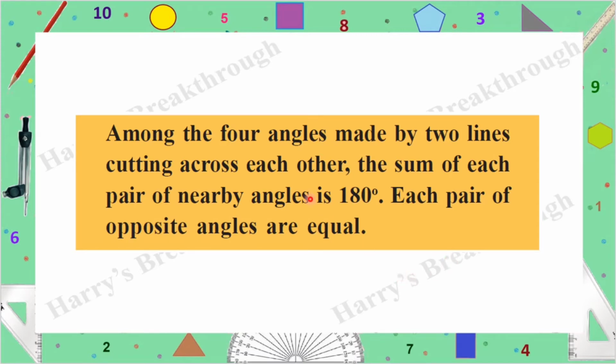When two lines cut across each other, we got four angles, and the sum of each pair of nearby angles, that is a linear pair, is 180 degree. And also each pair of opposite angles are equal.